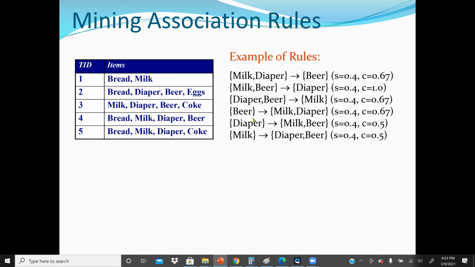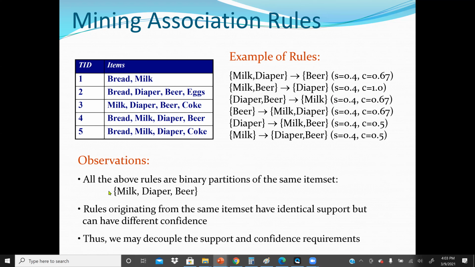So when we divide 2 by 4, we get 0.5. For the rule where milk appeared 3 times, we divide 2 by 3, we get 0.67. Diaper and beer also appeared 3 times, so we divide 2 by 3. So again, what we are trying to say is that the confidence may change, but support is always the same.